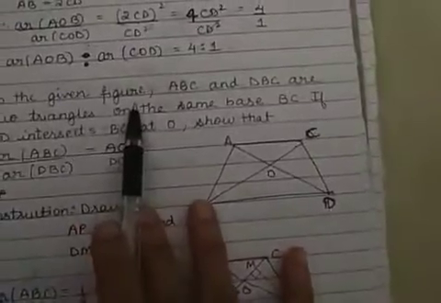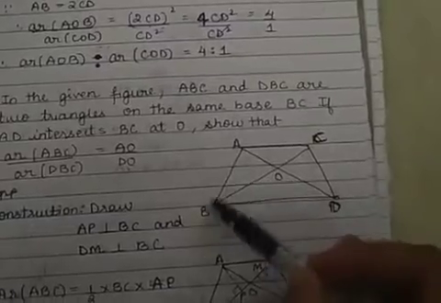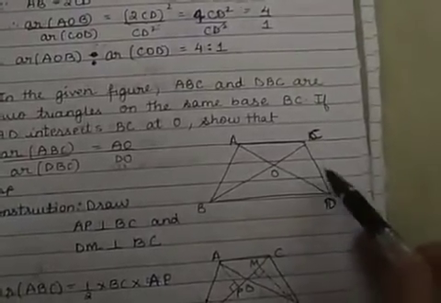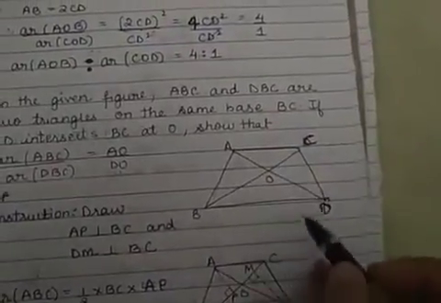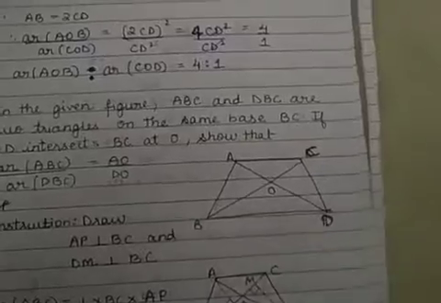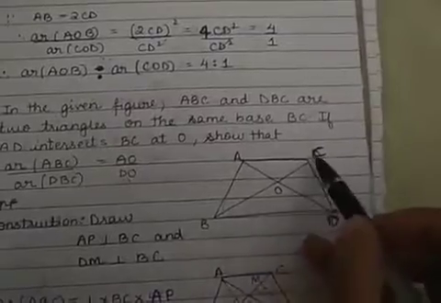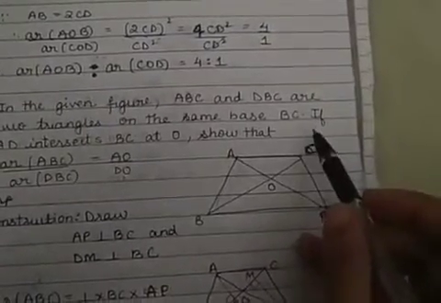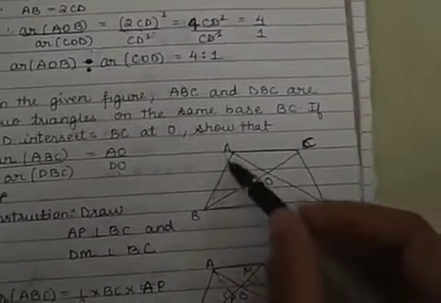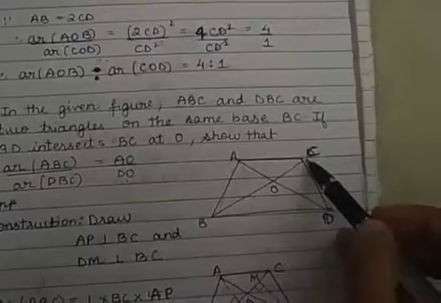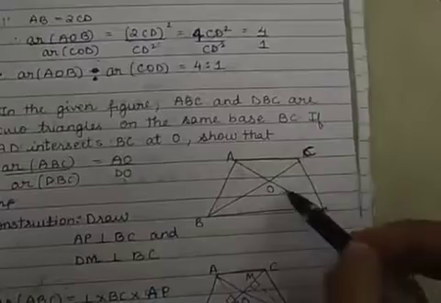In the given figure, ABC and DBC are two triangles on the same base BC. If AD intersects BC at O, you have to show that area of ABC upon area of DBC is equal to AO upon DO.